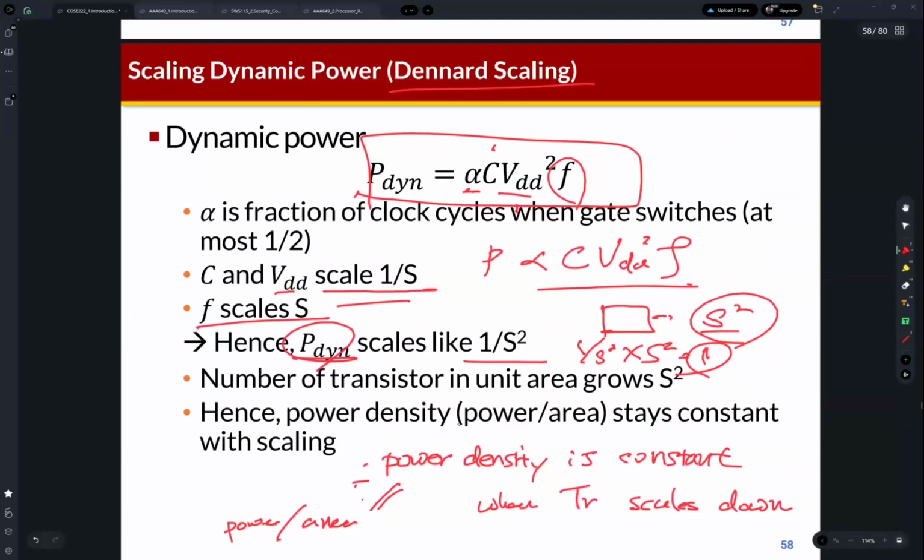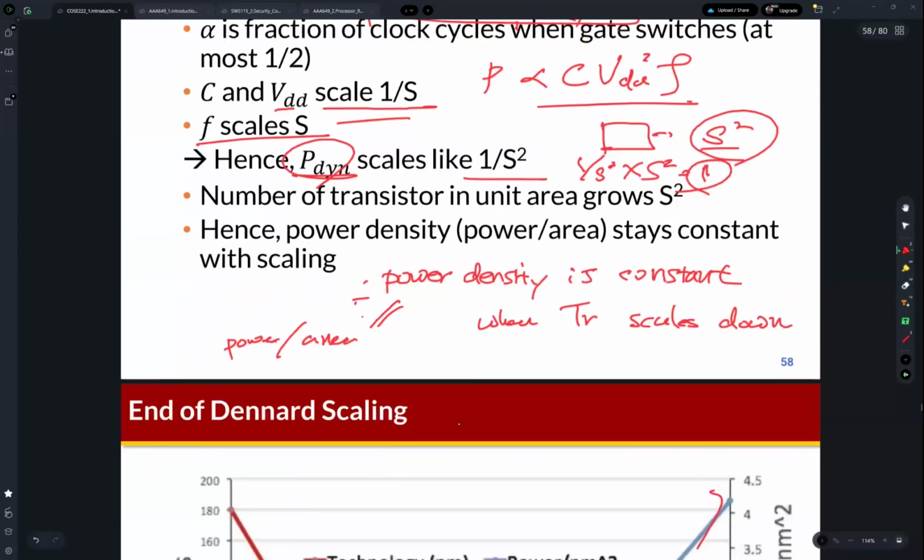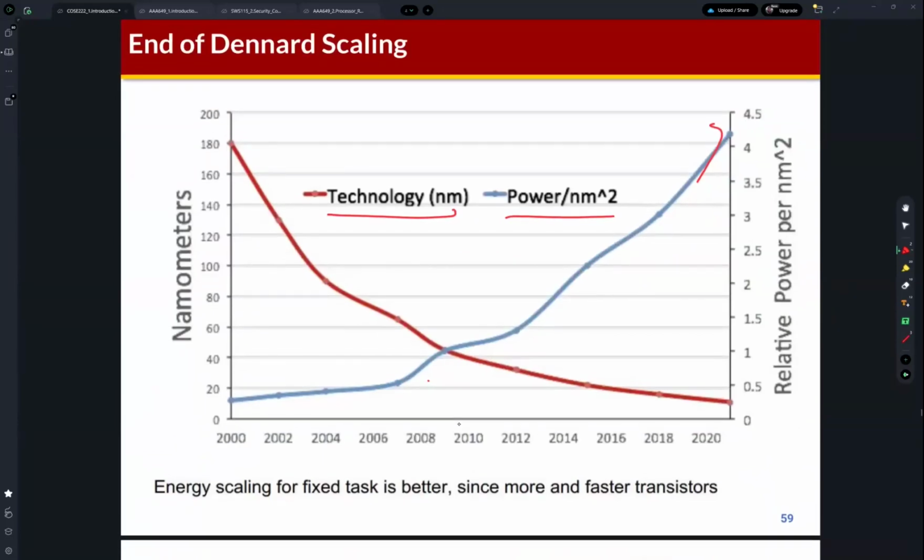So Dennard scaling is a kind of old trend. It does not work recently. It worked in the previous generation, but now it does not work. So it is called the end of Dennard scaling.